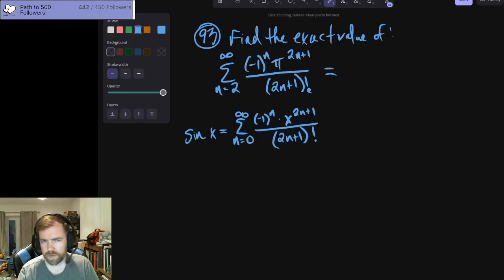That should be correct. 2n+1 is an exponent of x. That is the sine of x. Yes. Alright, so this is actually a Maclaurin polynomial, but yeah, whatever, it's fine.